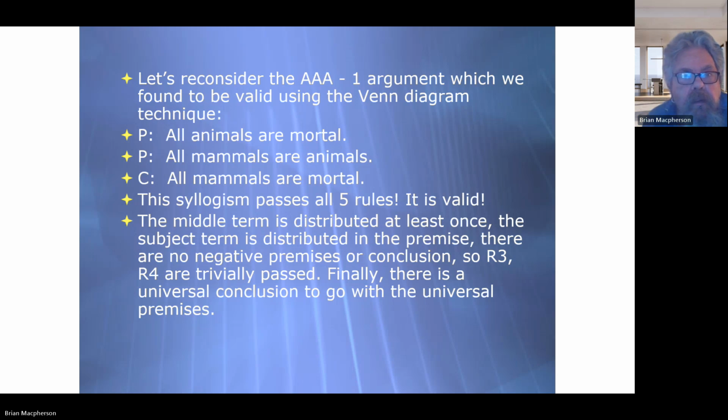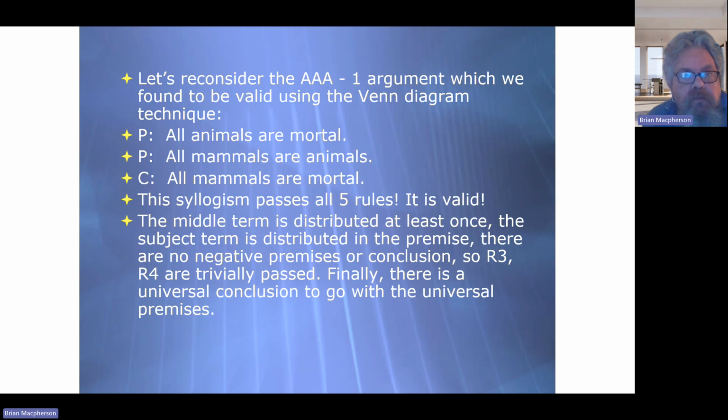Also, the term mammals is distributed in the conclusion, but notice it's also distributed in the premise in which it occurs. So it passes rule 2. Moreover, you do not have two negative premises, so it passes rule 3.